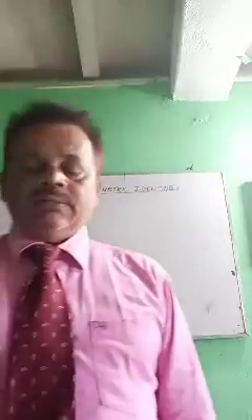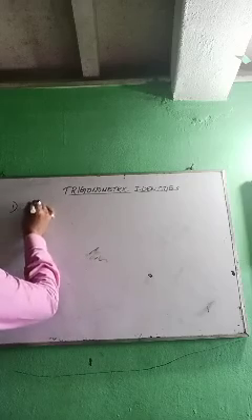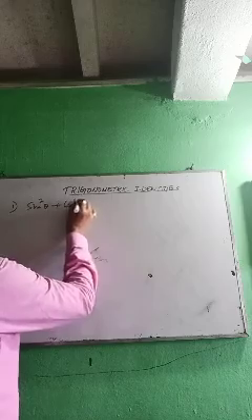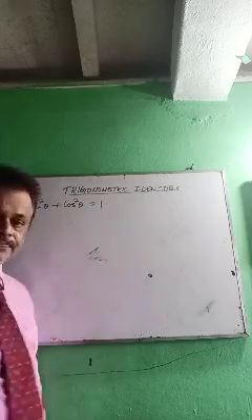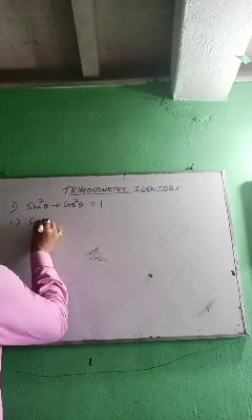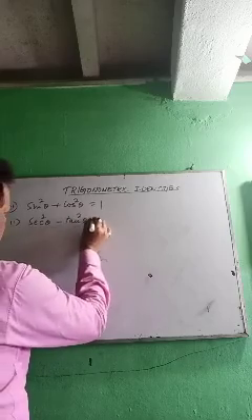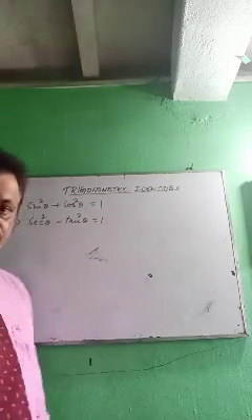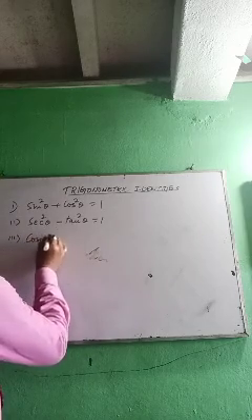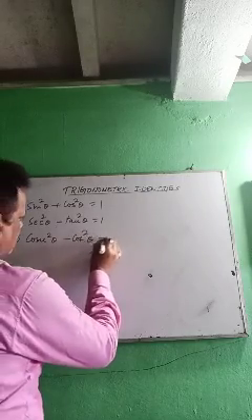So the formulas you have to remember: sin square theta plus cos square theta is 1. Sec square theta minus tan square theta is 1. Then cosec square theta minus cot square theta is 1.